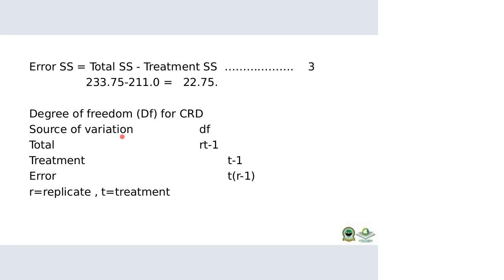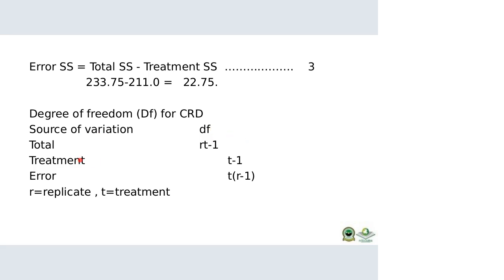For the total degrees of freedom, we have the replicates times the treatments minus 1. Remember, we have replicate 4, treatment 5. So it's 20 minus 1. We have 19 as the total degrees of freedom.